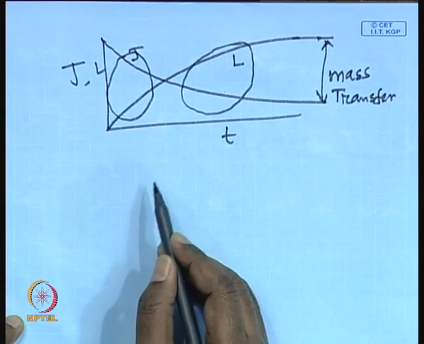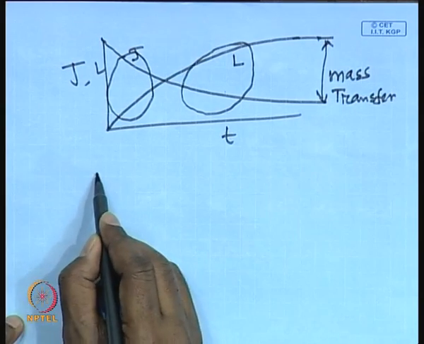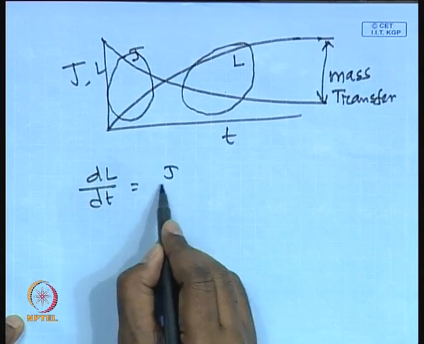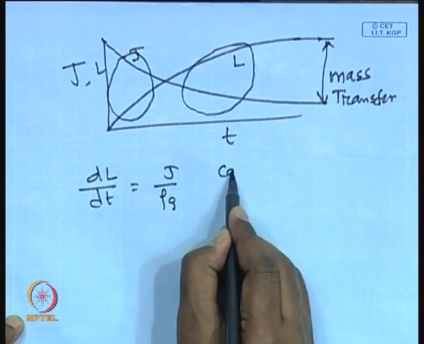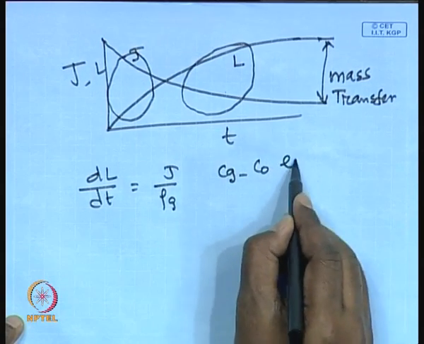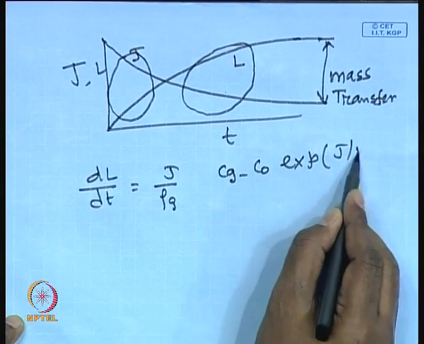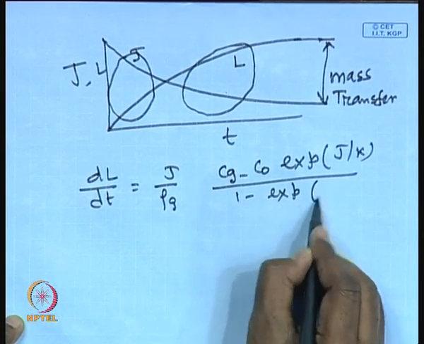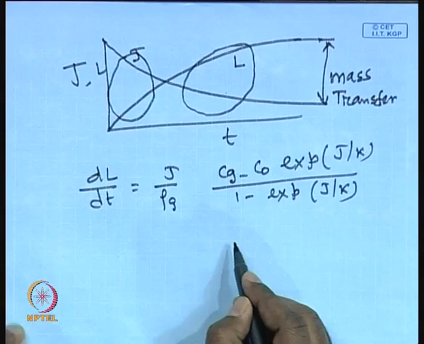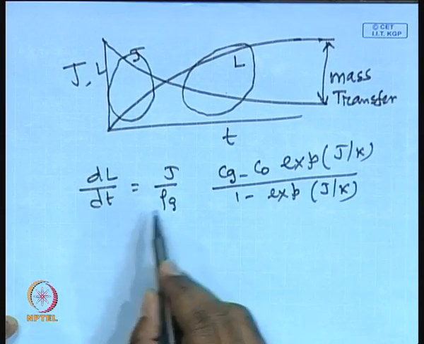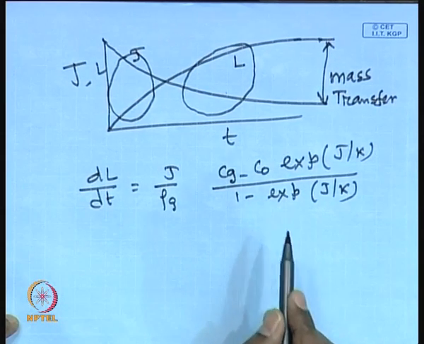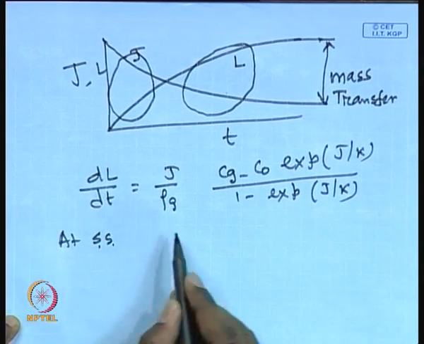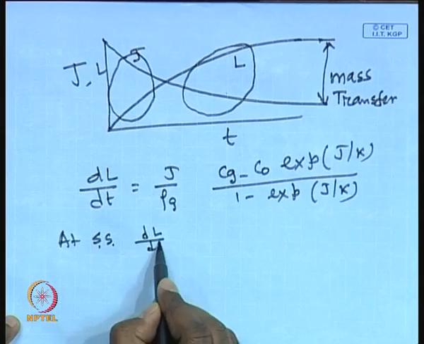If you look at the expression of dL/dt, I am writing it once again: dL/dt = (j/rho g) times (Cg minus C0) exponential(j/k) divided by (1 minus exponential(j/k)). This is a transient operation. If you talk about the steady state operation, at steady state your dL/dt will be equal to 0.